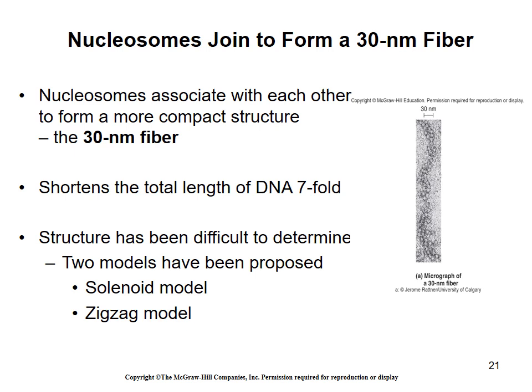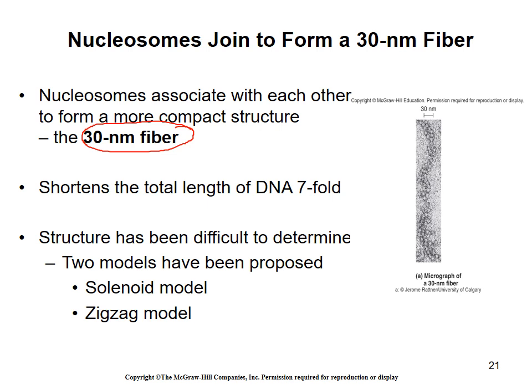And what we see happening is as we start stacking up the nucleosomes on top of each other, the next anatomical structure that we're going to encounter is going to be the 30 nanometer fiber. And this fiber is going to continue compacting the DNA by another 7-fold. And depending on the turns that it will make, it is either going to have a solenoid model or a zigzag model.